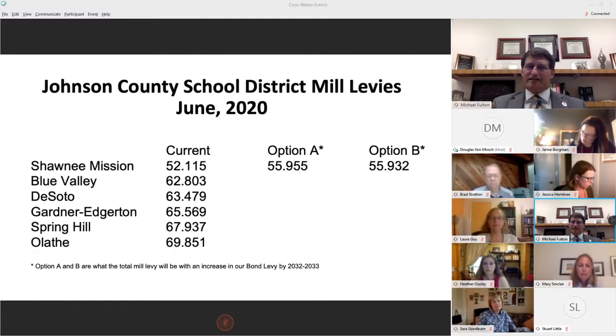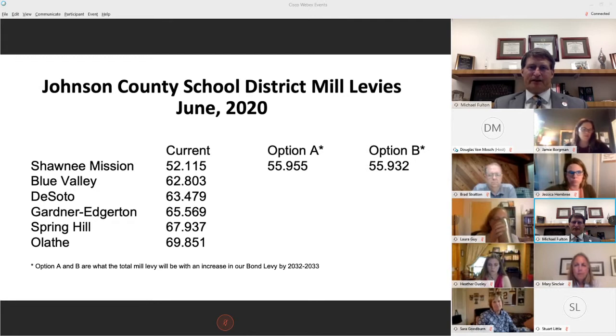While we recognize that a tax rate increase at any time is never popular, we also want to put these data into context. With either option A or option B, you can see that even after the third bond issue, remember, we're going 15 or more years out, probably more like 18 years out, 20.